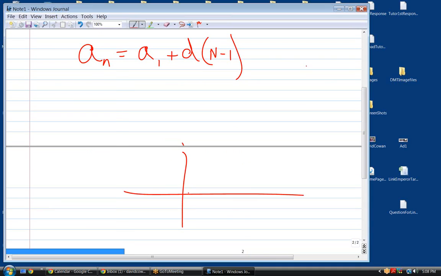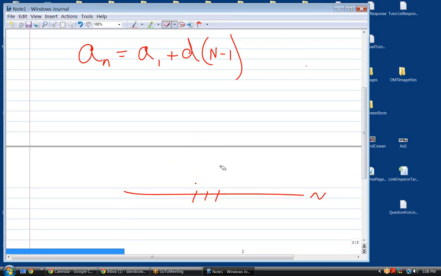If this is n, the first term was 1, the second term was 4, the third term was 7, that ends up being linear, because every time n increases by 1, y increases by 3. That's the characteristic of a linear equation. Okay, cool, so that's the answer to that.